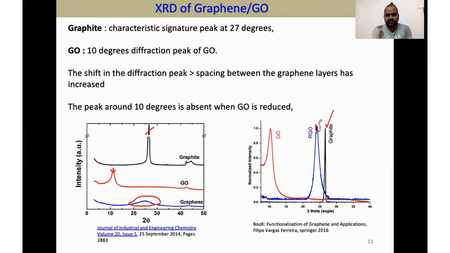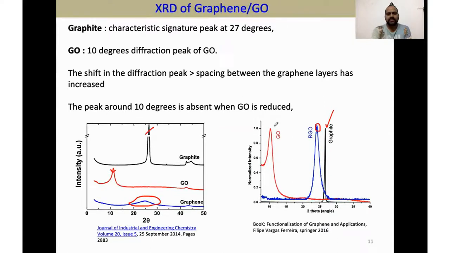As in the case of FTIR or UV, even by doing the XRD analysis we can get a clear-cut idea whether your material is reduced or not, or oxidized or not. Both things can be clarified.